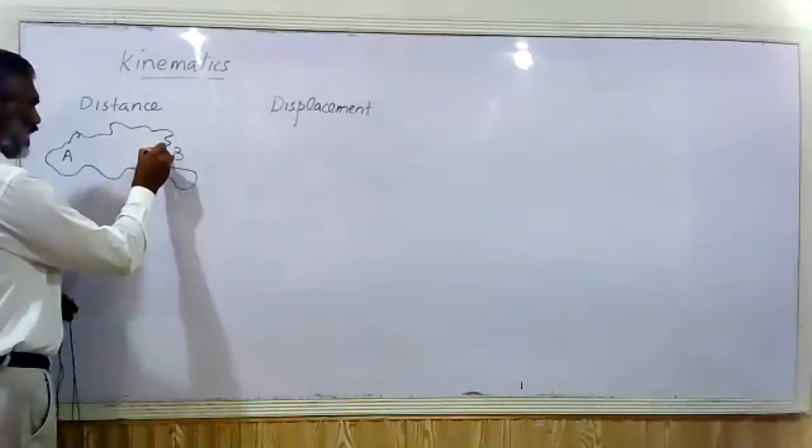But displacement is the possible distance which is shortest from your initial position to another. So displacement from A to B is the shortest possible distance which is directed from initial position to final position.